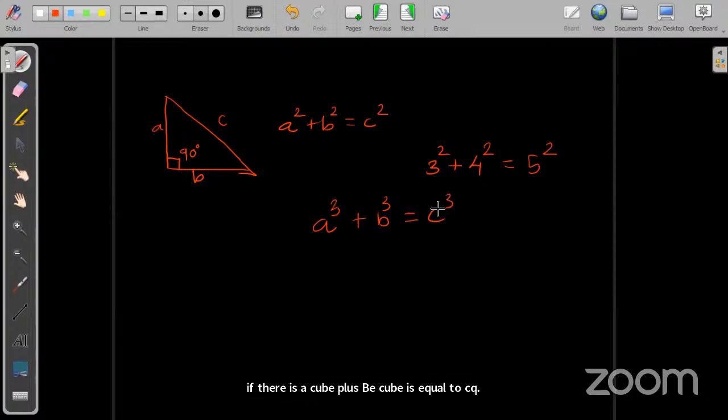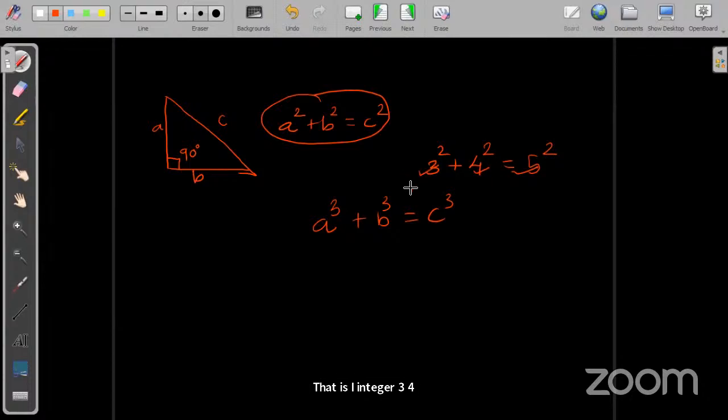Is there any integers a, b, c that satisfy this? For this one, there is the integers 3, 4, 5 which satisfy it, but is there any integer a, b, c that will satisfy the cube case?